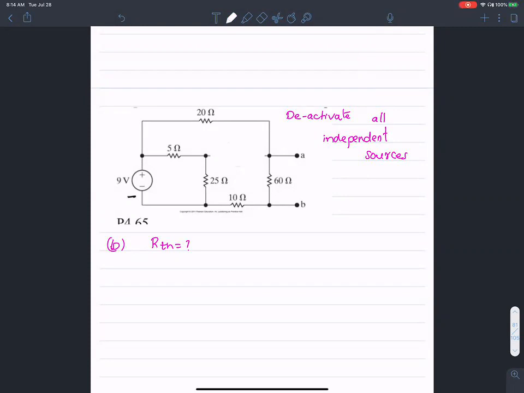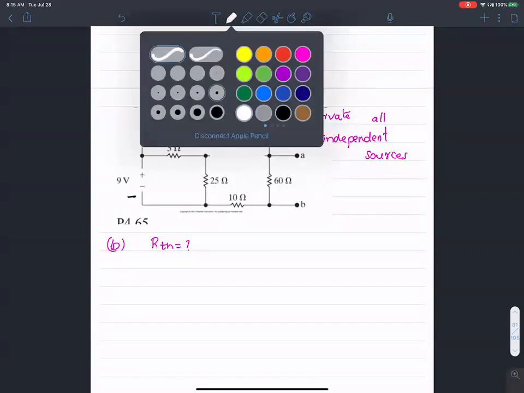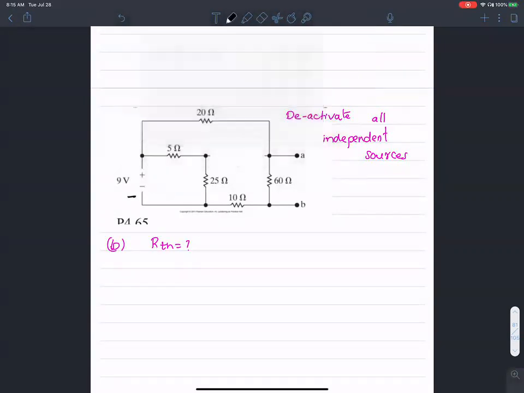How do you deactivate a voltage source? You deactivated the current source over here, and you also want to deactivate the voltage source. You do that by simply replacing the voltage source with a short.